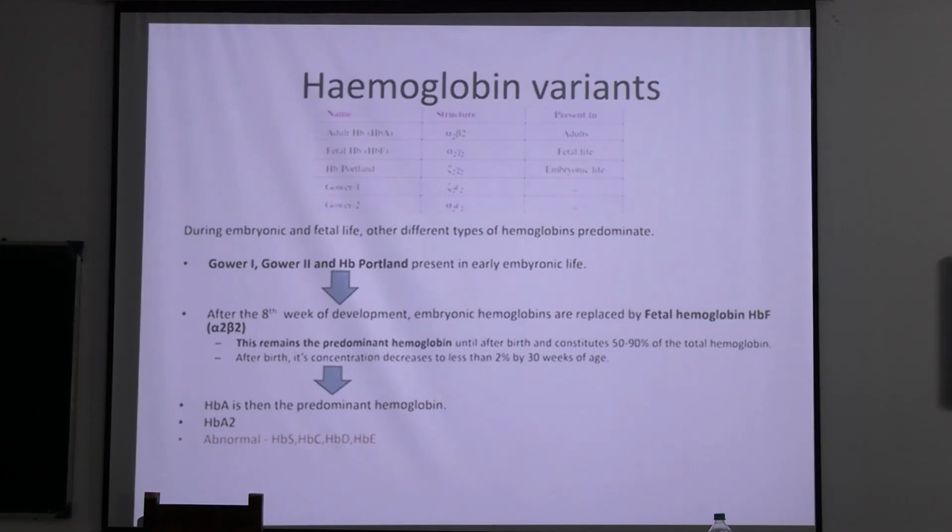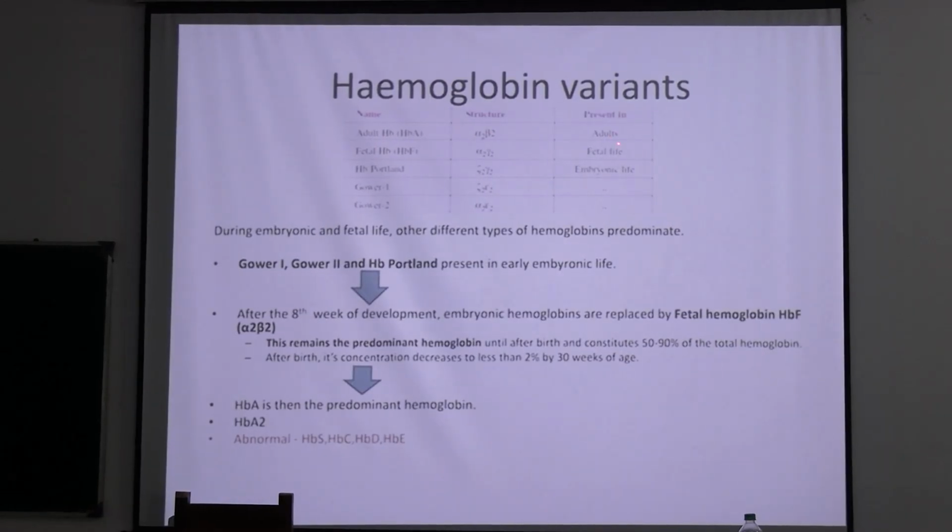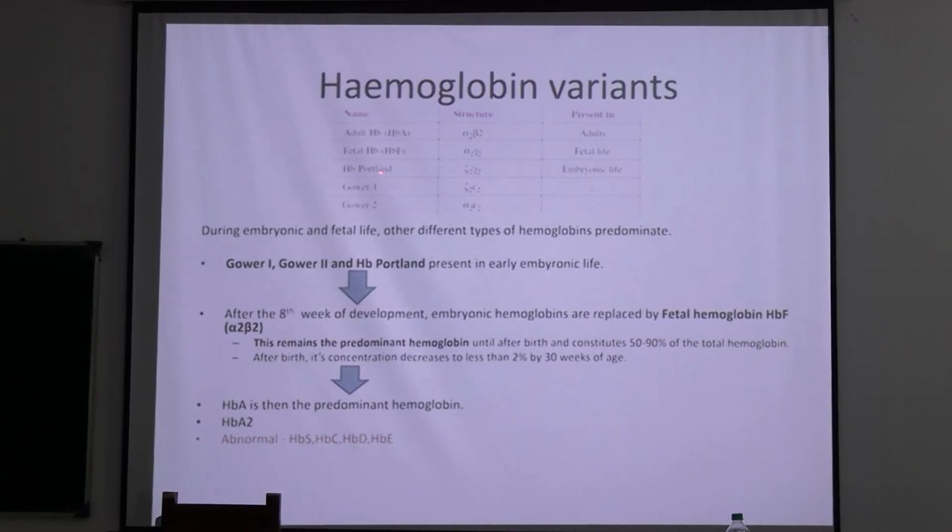So, the hemoglobin variants. The adult type of hemoglobin is alpha 2 beta 2, this is present in adult. Then fetal hemoglobin is alpha 2 gamma 2, this is present in the fetal life. Not in the embryonic life.